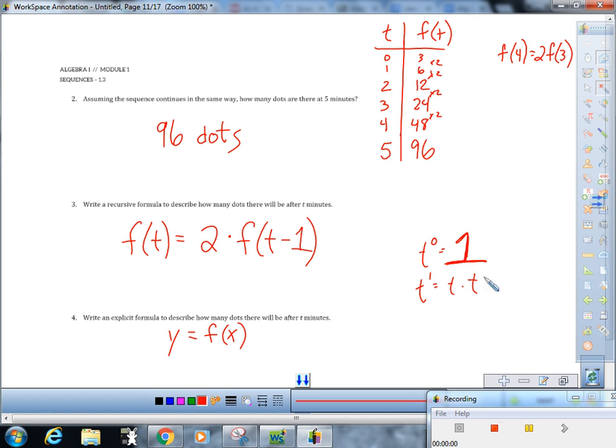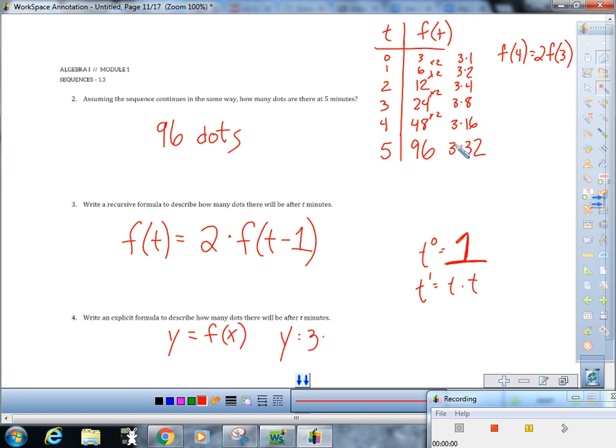So notice, this thing here is 3 times 1. This is 3 times 2, 3 times 4, 3 times 8, 3 times 16, and 3 times 32. So it's definitely going to be y equals 3 times something. You can see that's consistent. Okay.